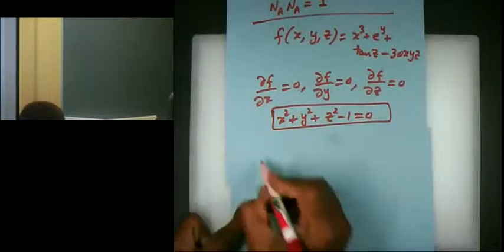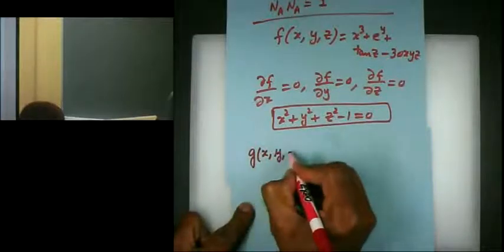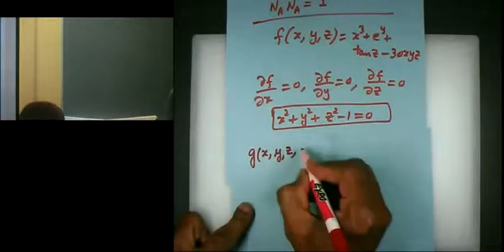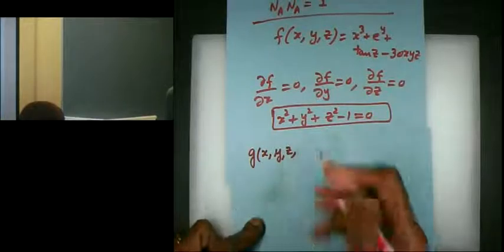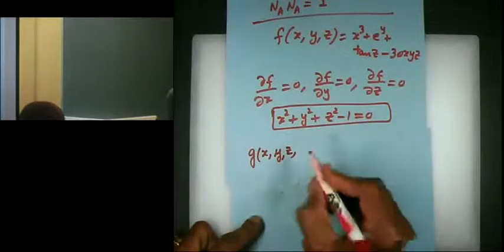So we will introduce a new function g, which is a function of, and the most common notation is lambda, even though we have been using lambda for stretch. So do you want me to change the notation? So let's say it's mu.